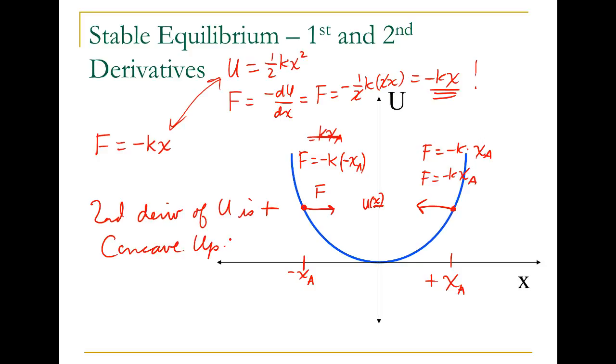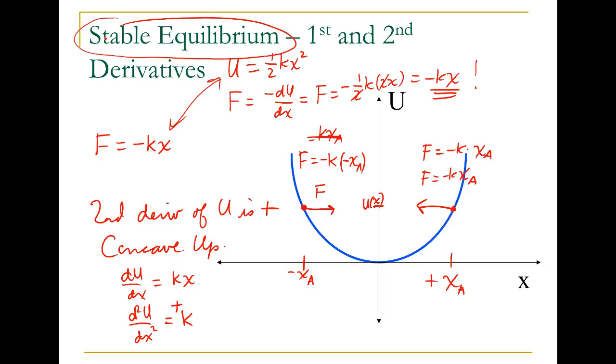Notice that the first derivative by itself, just dU/dx, is going to be kx, and that means that d squared U/dx squared is equal to k. So it's positive, this is concave up, and this is what we call a stable equilibrium. Okay, and this happens whenever there's a force that tends to push a particle back towards zero.